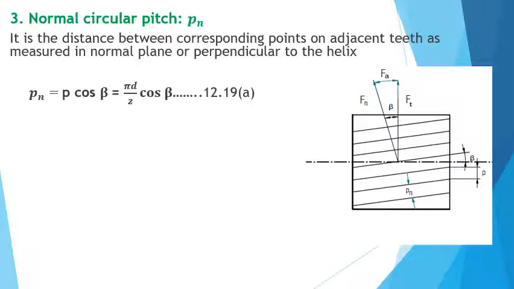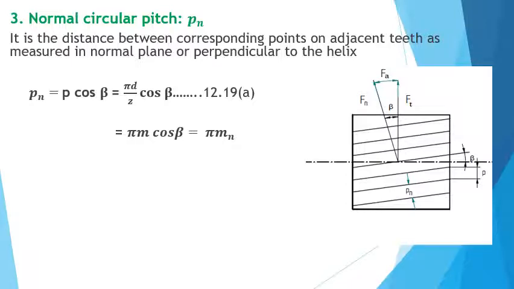So this equation is available in the design data handbook, that is equation number 12.19a. That is the design data handbook by authors Mahadevan and Balveer Reddy, the 4th edition book.